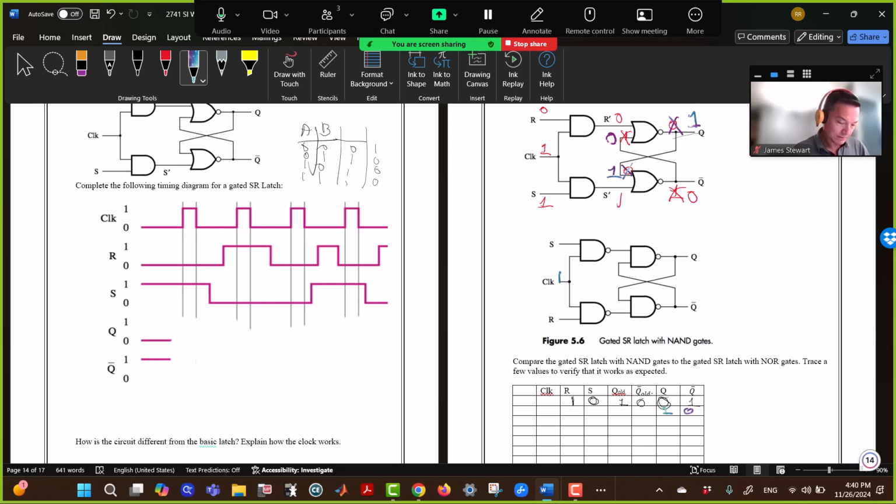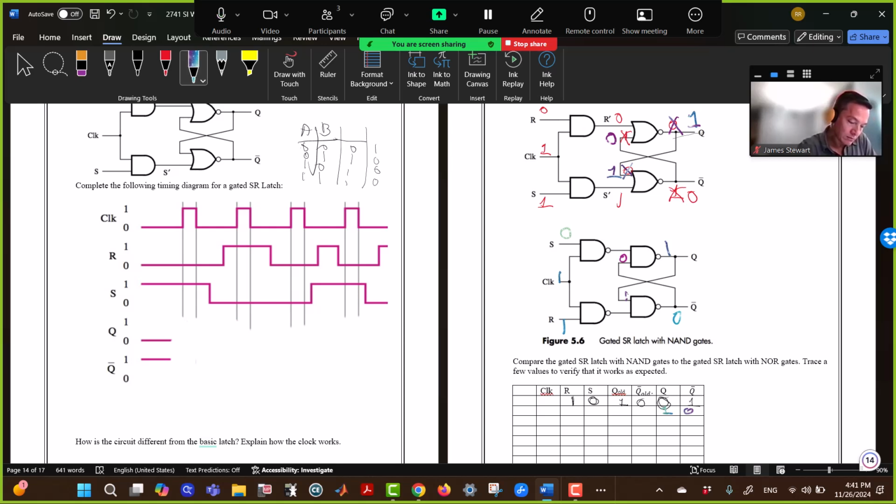Yeah, to make sure that they both work. So if I put a 0 and a 1 here, I want to end up with a 0, 1. But let's say I started with a 1, 0. So I have a 1 here and a 0 here.